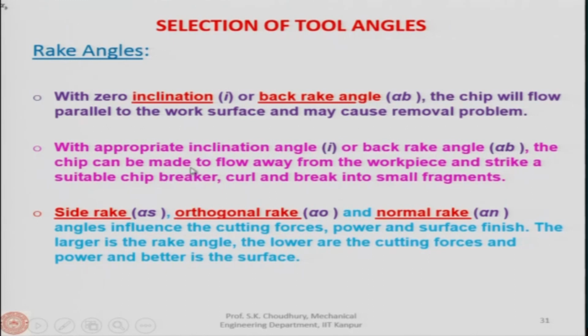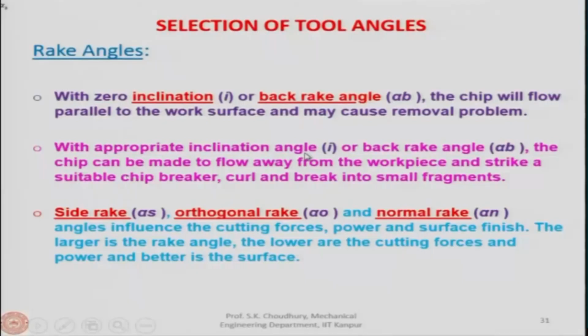Then the chip can be made to flow away from the workpiece and strike a suitable chip breaker. If you remember, I told you about the chip breaker, which is basically a protrusion or a crater on the rake face where the chip can be broken, so that the chip is not continuously flowing. So, we can have some value of the inclination angle or alpha b.